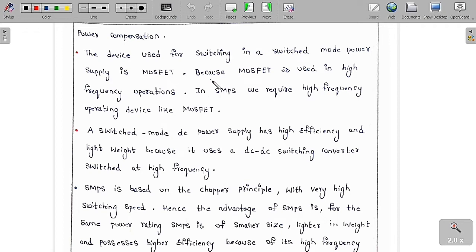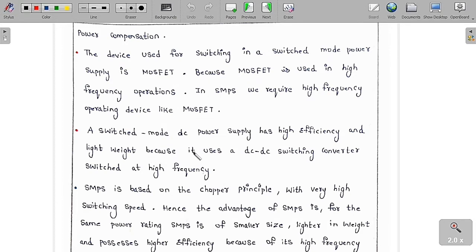High frequency switching is possible only in the MOSFET, so MOSFET is preferred in SMPS.